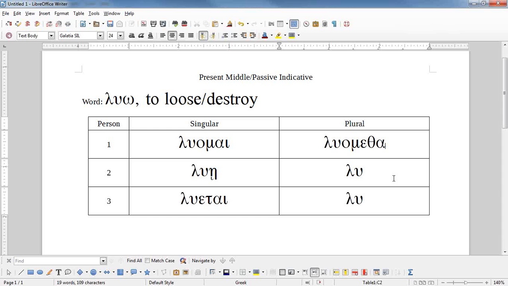Second person plural: epsilon, sigma, theta, epsilon. And then third person plural, what happened there? Where are you, mouse? There you are. Third person plural: omicron, nu, tau, alpha, iota.